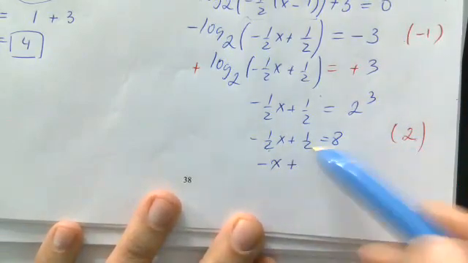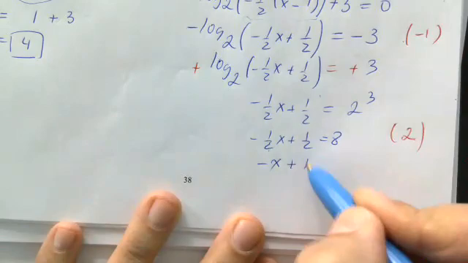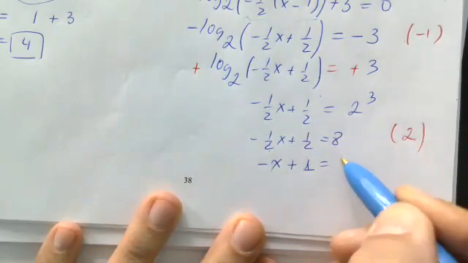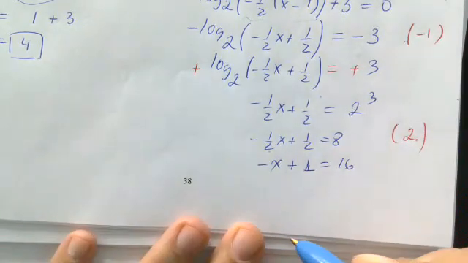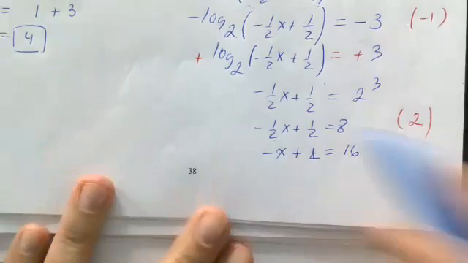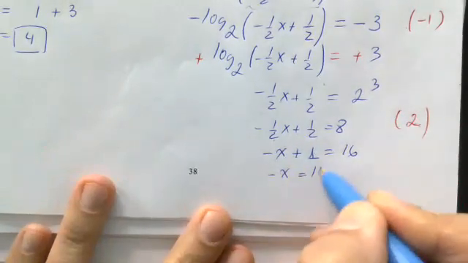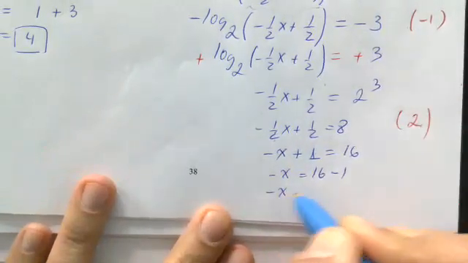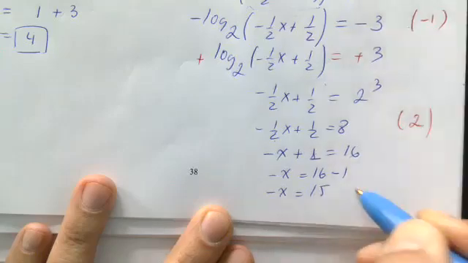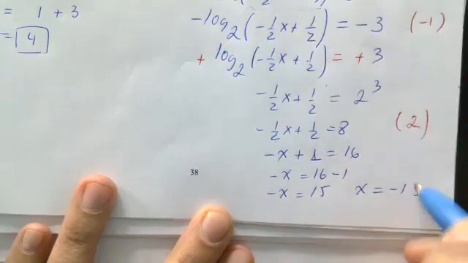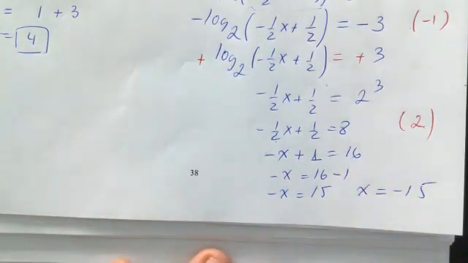Plus positive, 2 times 1/2 makes it 1, and 2 times 8 is 16. Negative x equals 16 minus 1. Negative x is 15, which makes x equal negative 15.